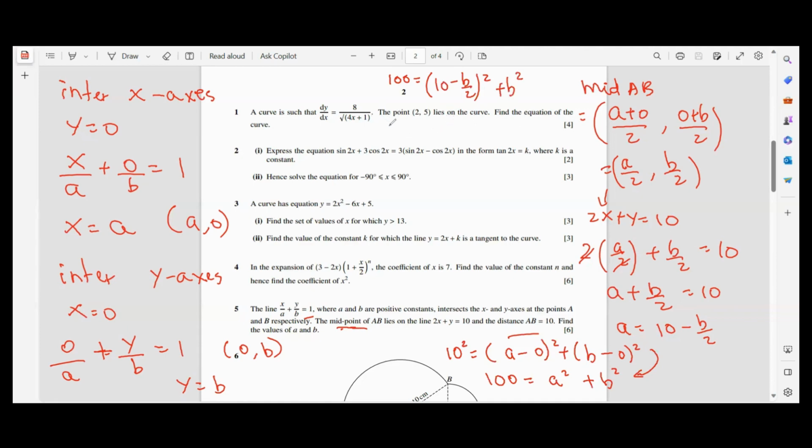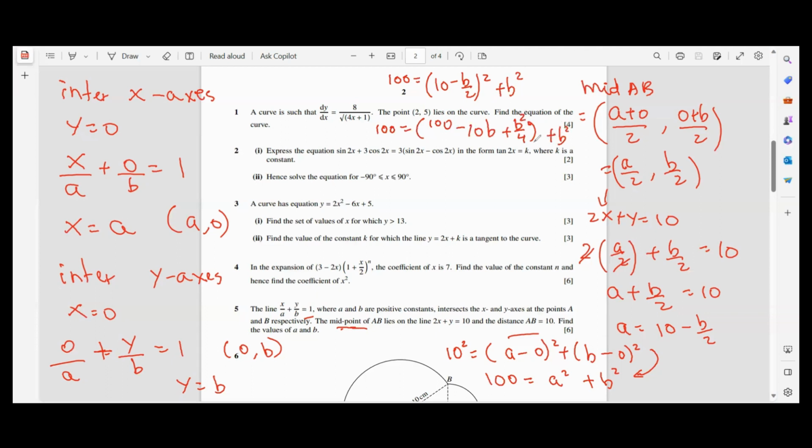So here I will get 100 equals 10 minus B over 2, squared. So I expand it: 100 minus 2 times this, so 10B, plus B squared over 4. Sorry, you have a square here.